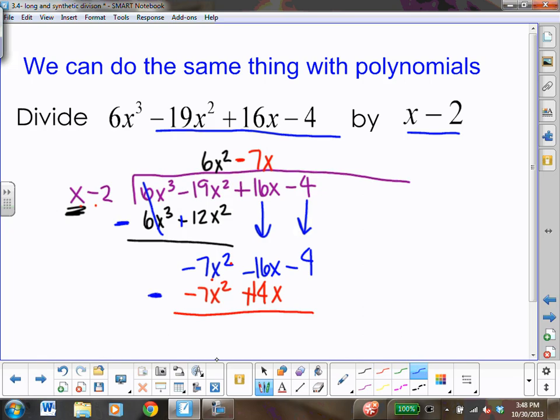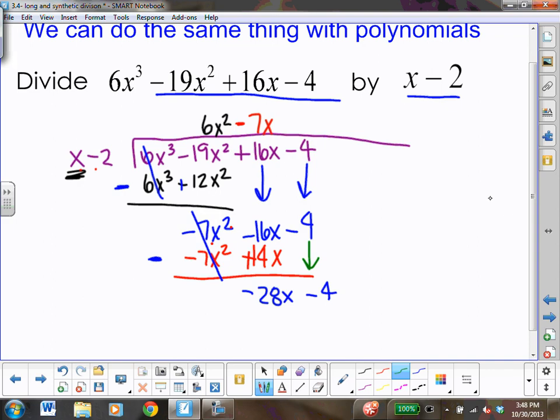And then I subtract, just like in long division. So negative 7x squared minus negative 7x squared cancels, which is what you want to happen. And then I have 16x minus positive 14x. So that makes negative 28x. And now I'll drop down the 4.